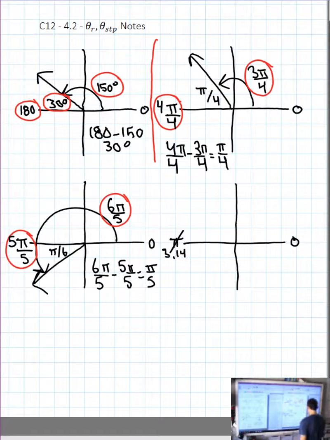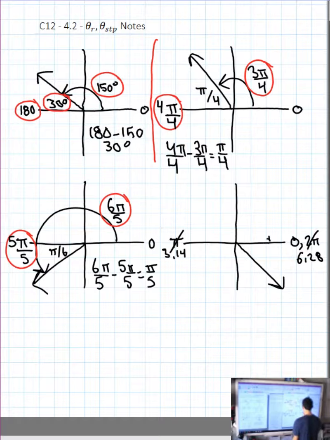So now we would have 0 and pi, and then we also have 2 pi, and we know that 2 pi is 6.28. So where would 5.64 fall? Well, all the way around is 6.28, and halfway around is 3.14. So 5.64 is pretty close to 6.28, so we're going to have our terminal arm in the fourth quadrant.